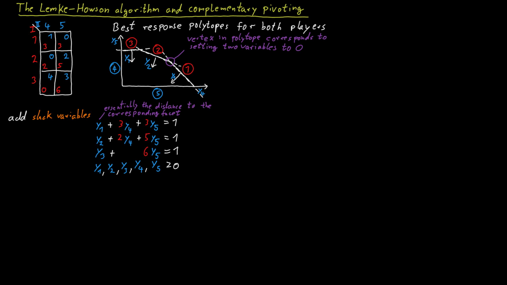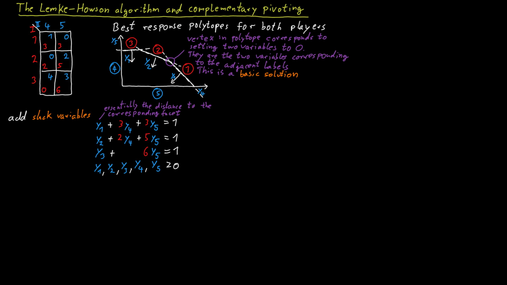And there's another interesting observation here, which is, well, in this example, the point is adjacent to the labels 1 and 2, and those are exactly the variables that are set to 0. And this is always the case. So the variables that are 0 exactly correspond to the labels that are adjacent to that vertex. We call this a basic solution.